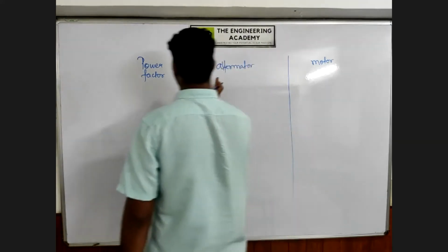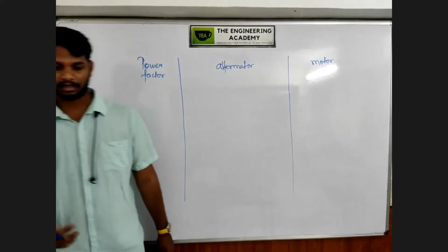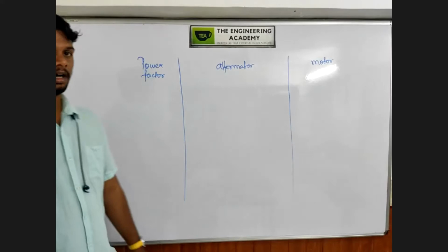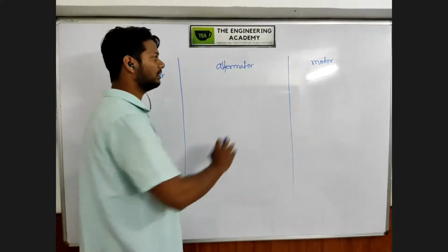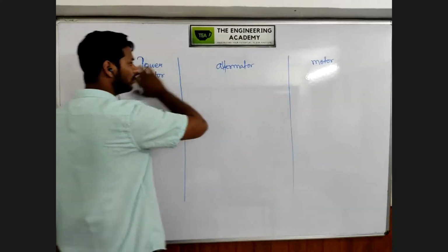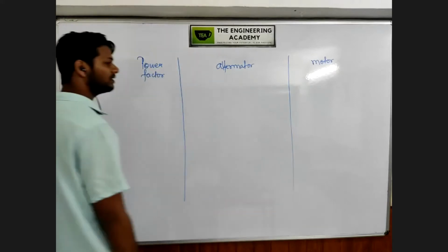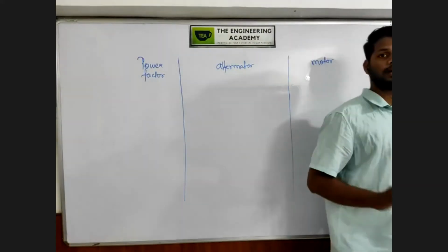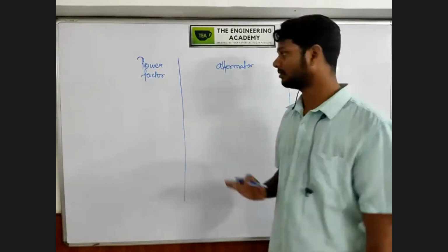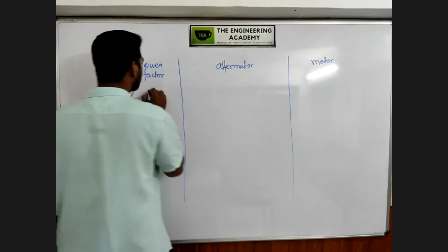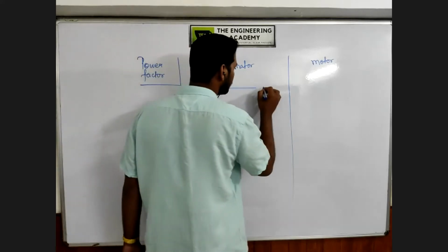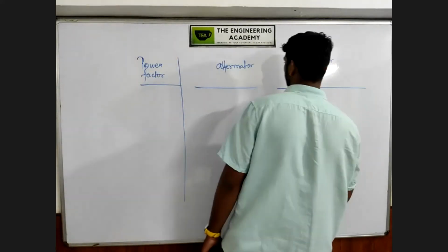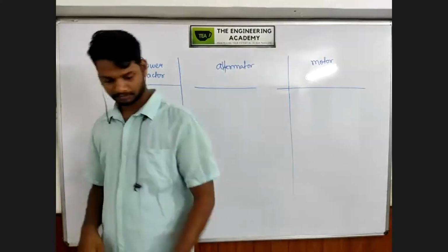What do you mean by alternator? Alternator is another name for generator. The whole table is for synchronous machine only.